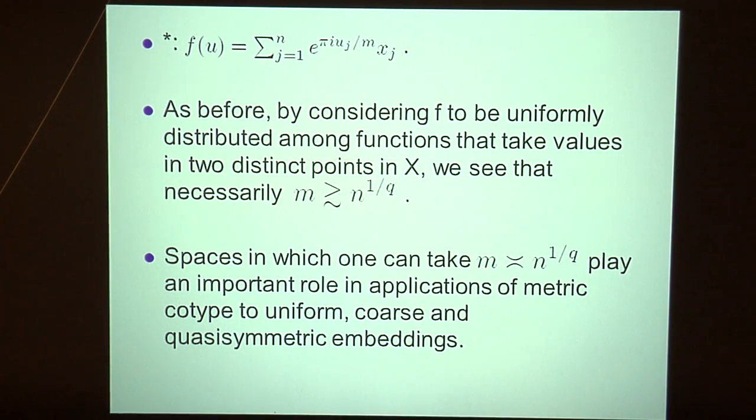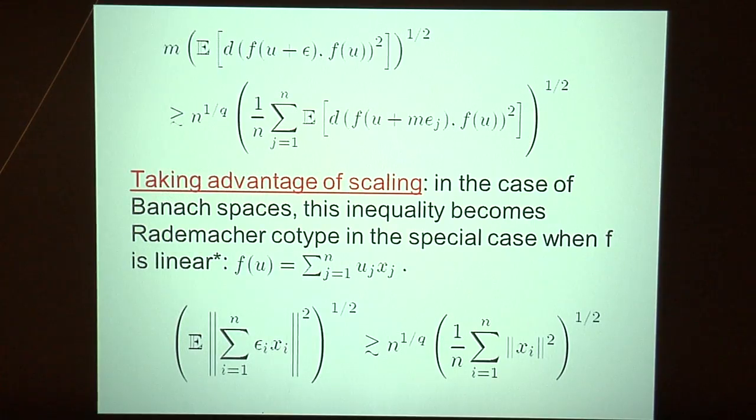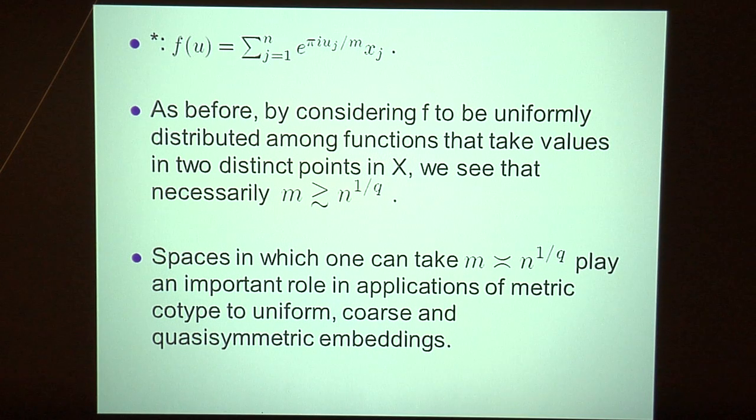And just as before, if your metric space contains 2 points and you take every vertex of the torus and assign to it one of these 2 points at random, now it just forces m to be at least n to the 1 over q. So that's not a big deal.